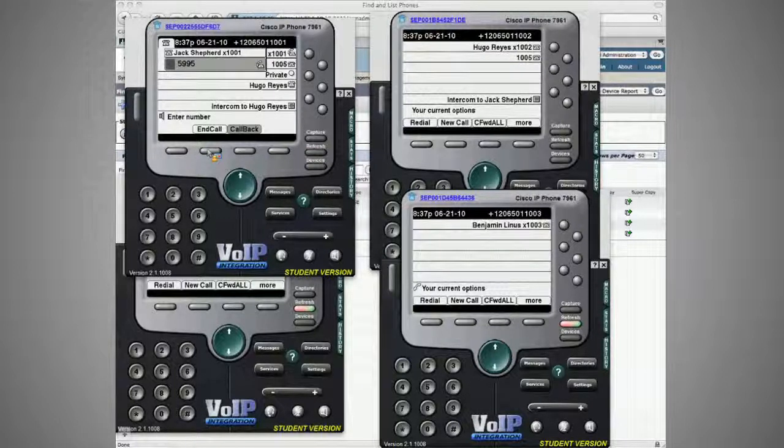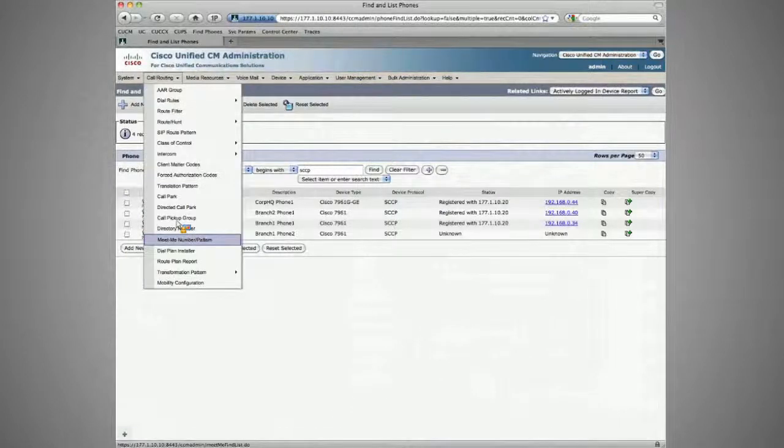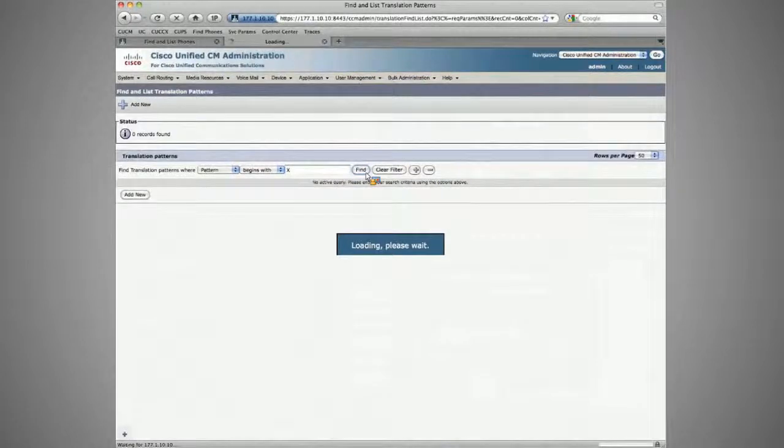Okay, he hears that automatically. By default, there's already some Annunciator services.